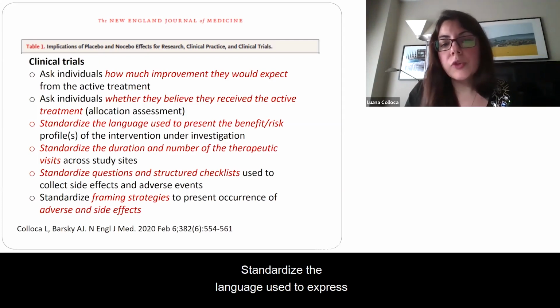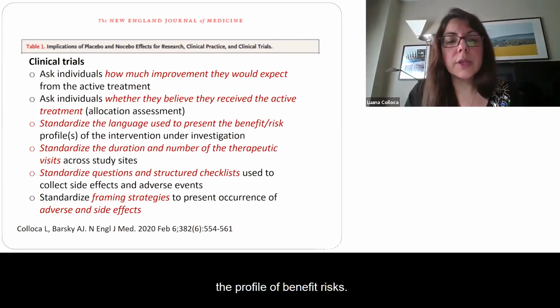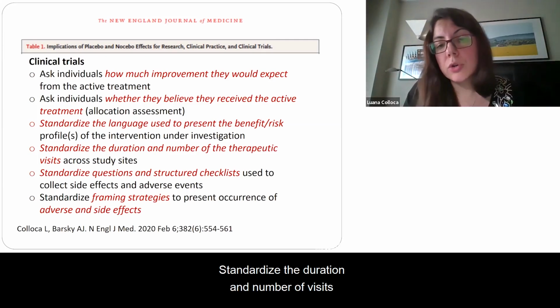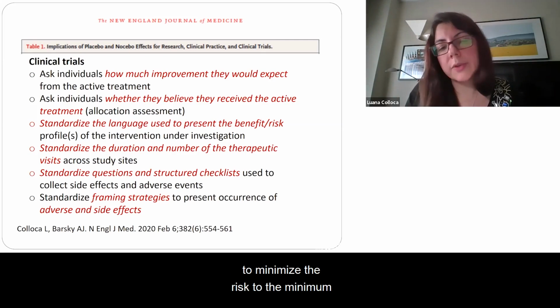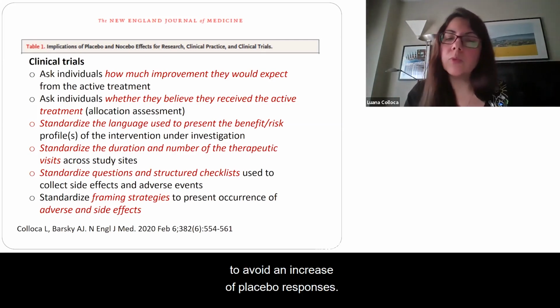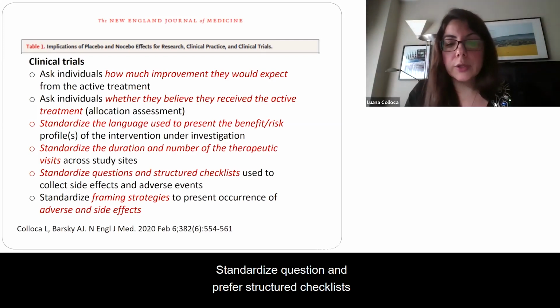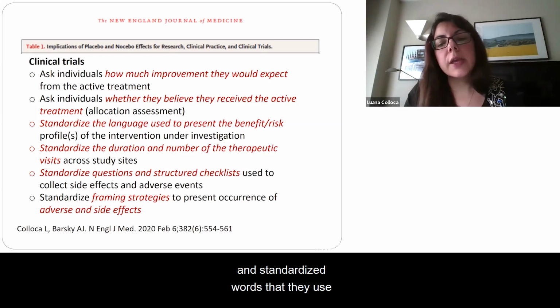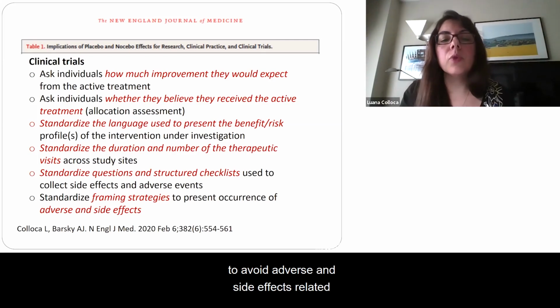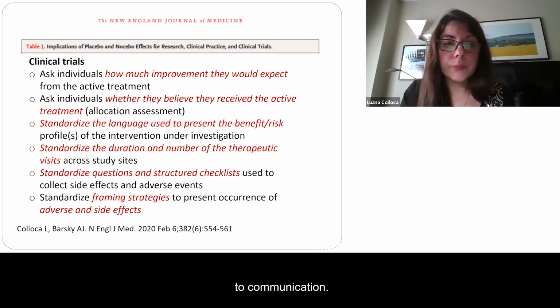Standardize the language used to express the profile of benefits and risks, standardize the duration and number of visits and minimize them to avoid an increase of placebo responses, standardize questions and prefer structured checklists, and standardize the words used to avoid adverse and side effects related to communication.